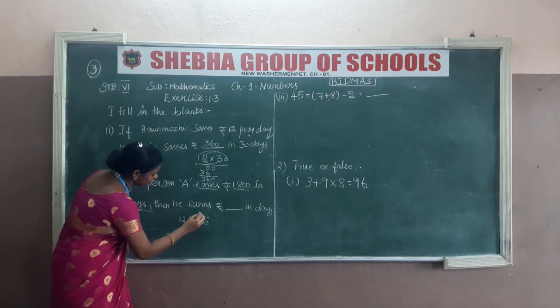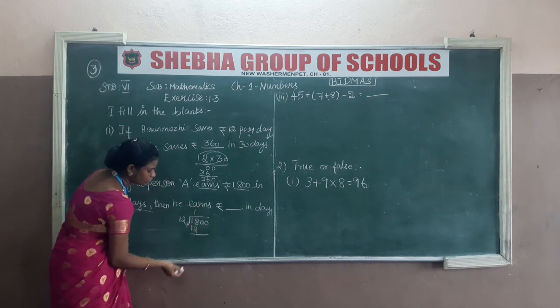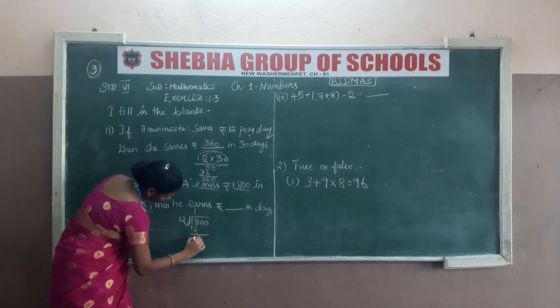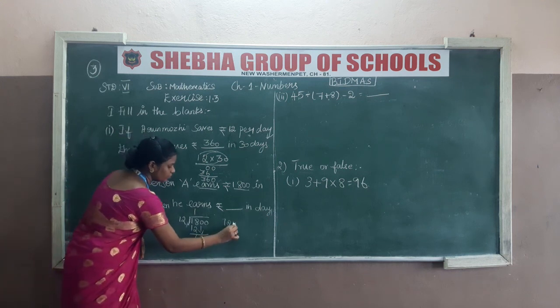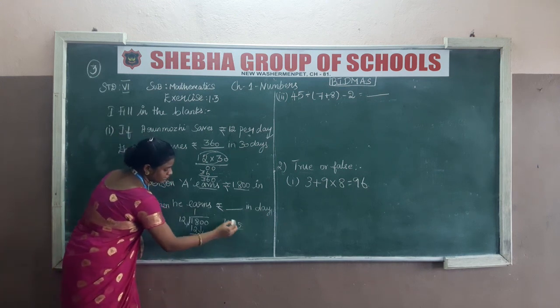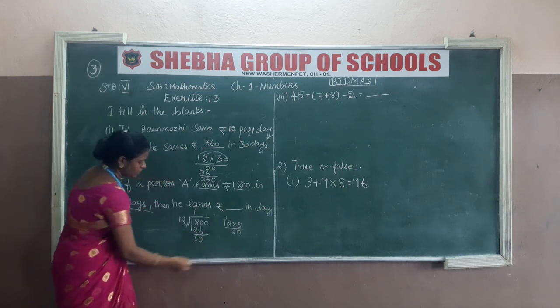12 ones are 12. Then we have to subtract it. The balance is 6. Then we bring the 0 down. 12 into 5: 5 2s are 10 and 5 1s are 5, plus 1 is 60. So this is 60.